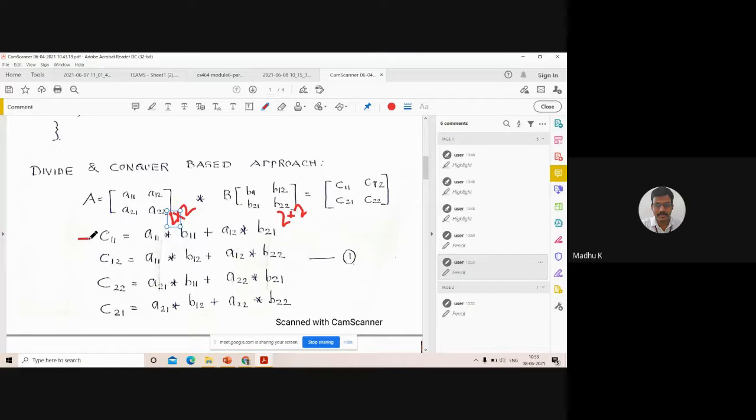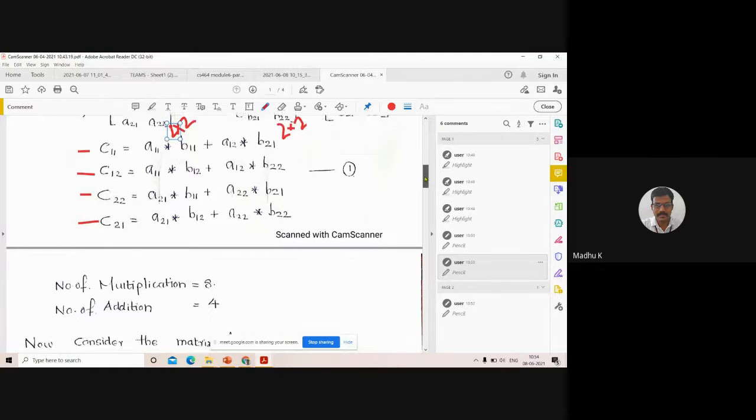There are four equations: C11 is equal to A11 into B11 plus A12 into B21, and similarly for C12, C21, C22. In this way, there are four equations for multiplying two square matrices of order 2 by 2.